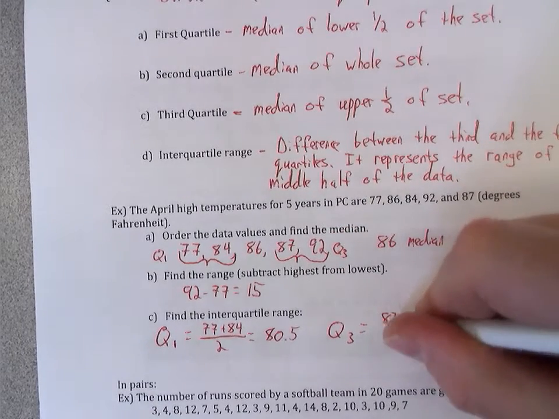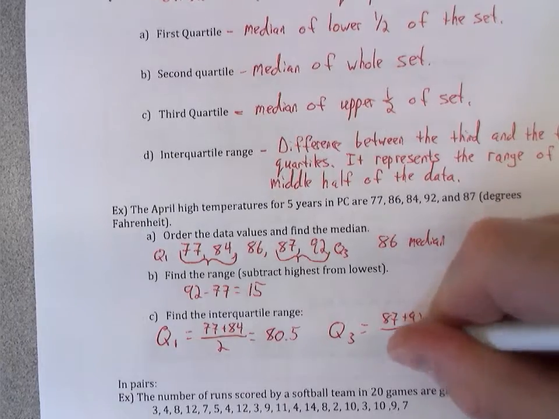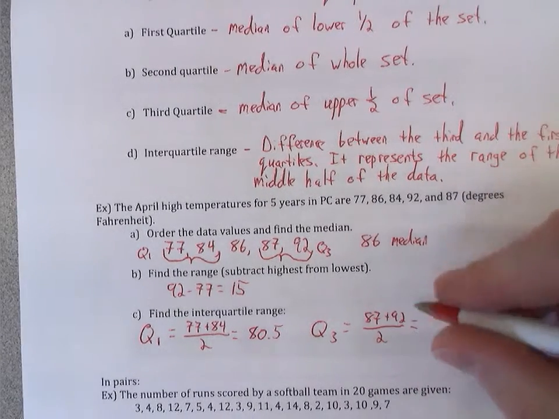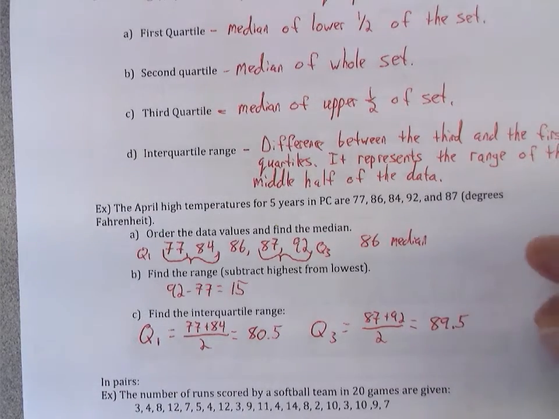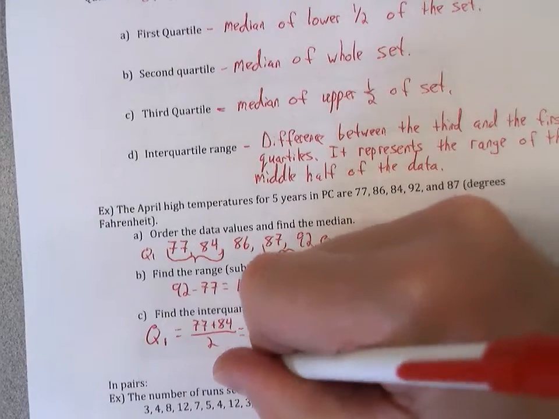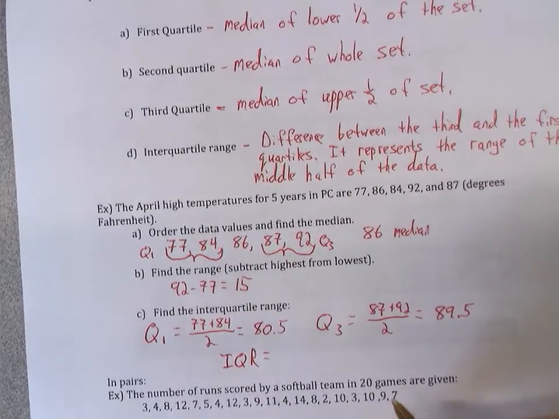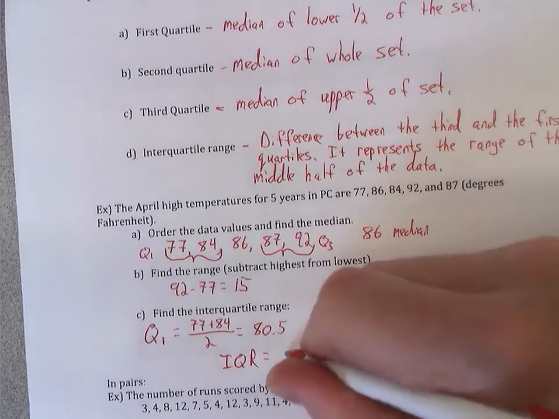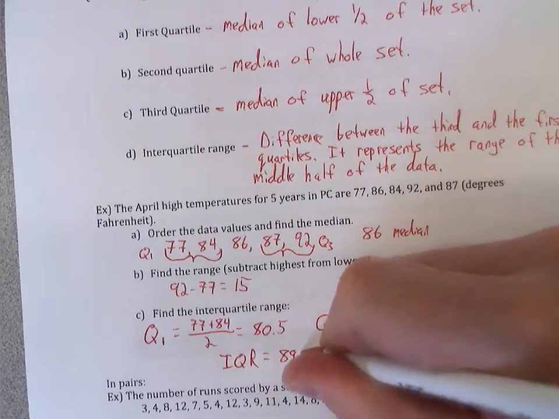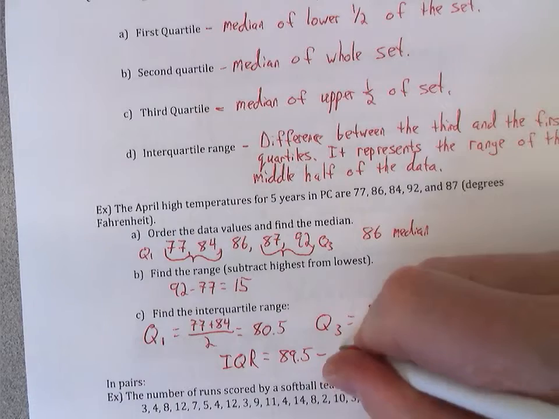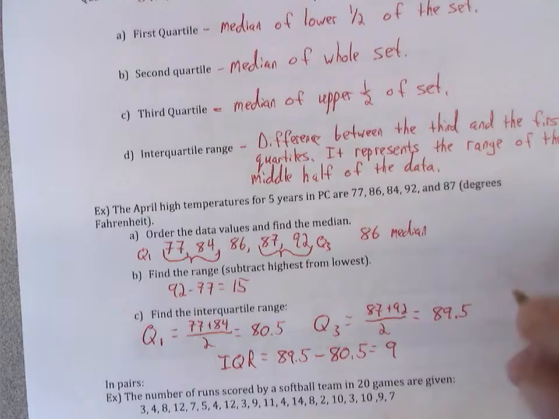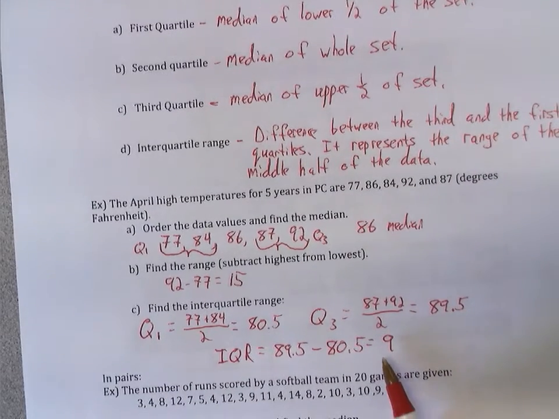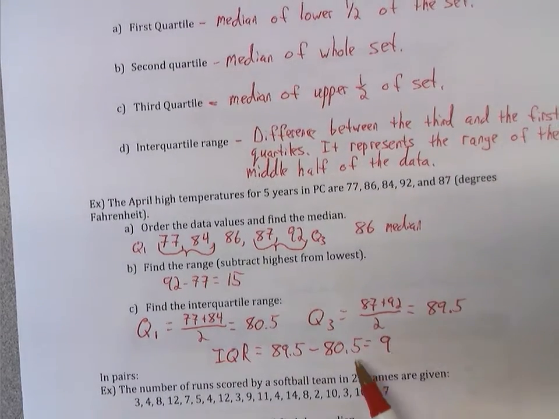So now I've got 87 plus 92 divided by 2, which equals 89.5. And now the IQR, the interquartile range, is going to be quartile 3, 89.5, minus quartile 1, 80.5, and we get 9. So really in the middle there's a 9-degree range, if we're only looking at the middle values.